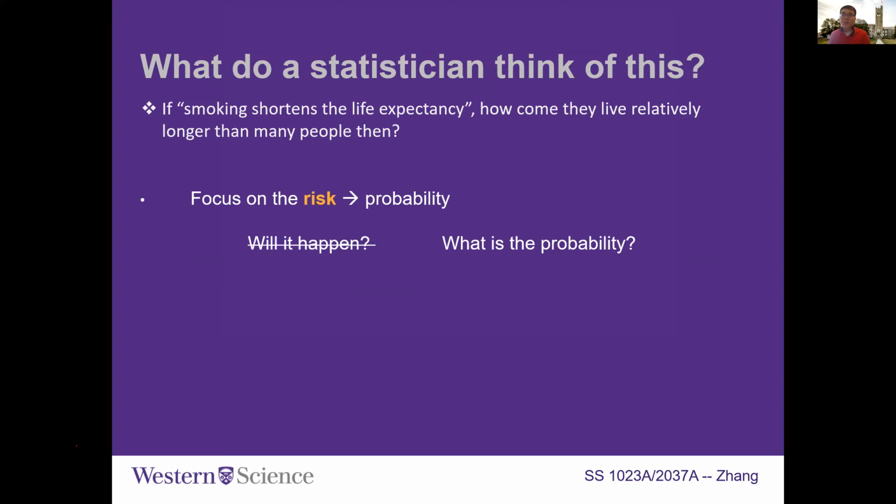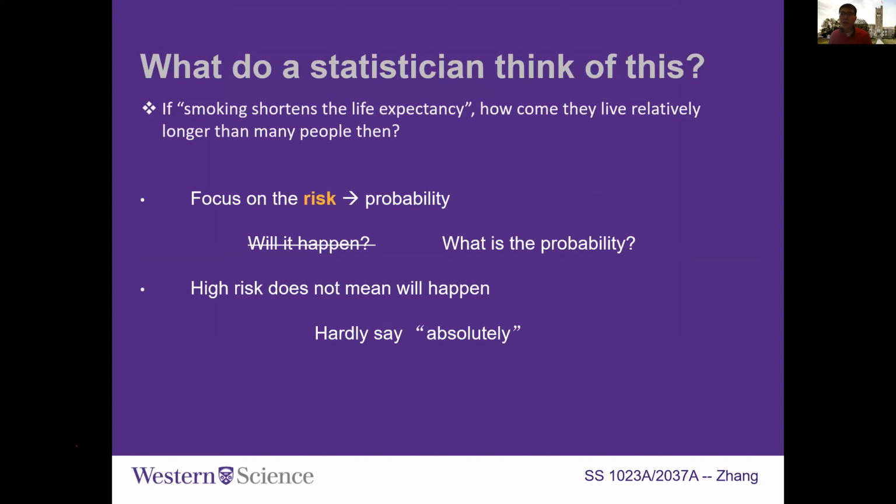We are not looking at whether this thing will happen, but instead at the probability that this thing happens. So this is statistical thinking. And when we say there is a really high risk for something to happen, that doesn't imply that it will definitely happen. So these two things are definitely different.